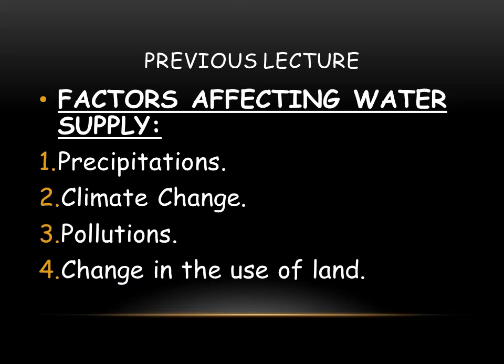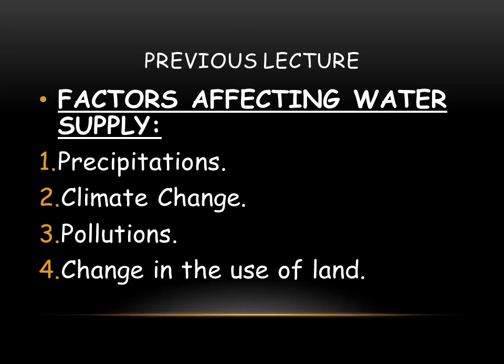Then we learned that there are certain factors that can affect the supply of water in different areas. The first one was the precipitation, and I told you that precipitation is unevenly distributed throughout the world. In some areas there is plenty of water, as there is plenty of rainfall, and some of the areas are completely dry.